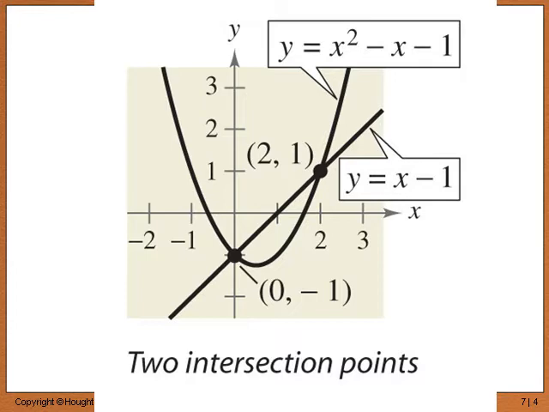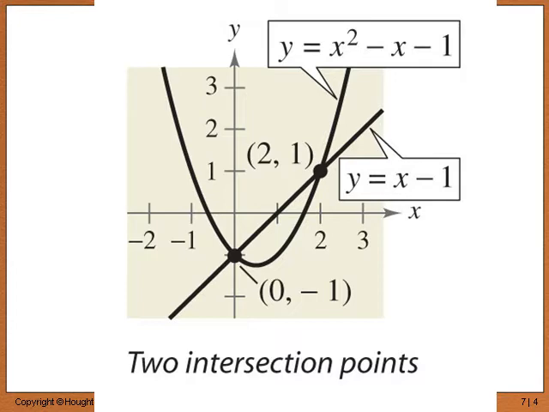Here is an example of a system. This is a nonlinear system because one equation is not linear, the other is. In this nonlinear system, we have two intersection points, and that means that there are two ordered pairs that satisfy this system.